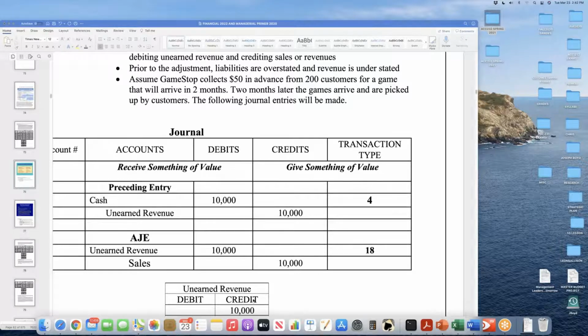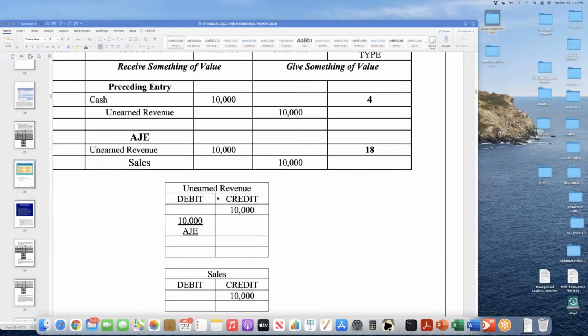Then when you deliver the games, you make the adjusting entry, you close out the unearned revenue, and you credit sales. So this is a liability, so it's not going to be on the income statement, it's going to be on the balance sheet. But once you perform the services, you debit unearned revenue, you close that account out, and you credit sales and recognize the revenue. Now that is not that hard, is it?